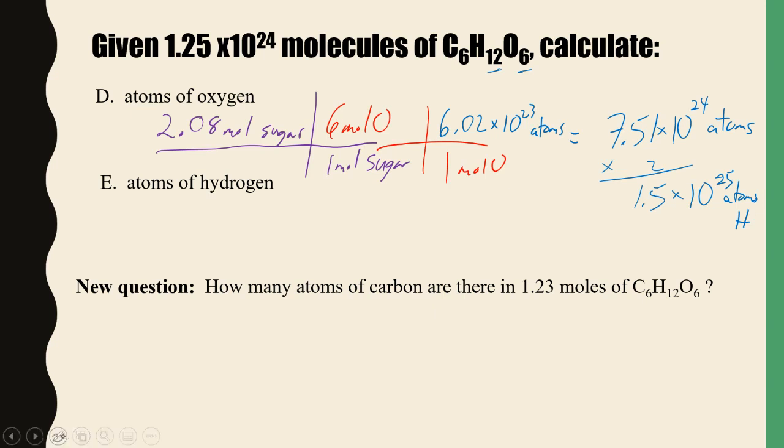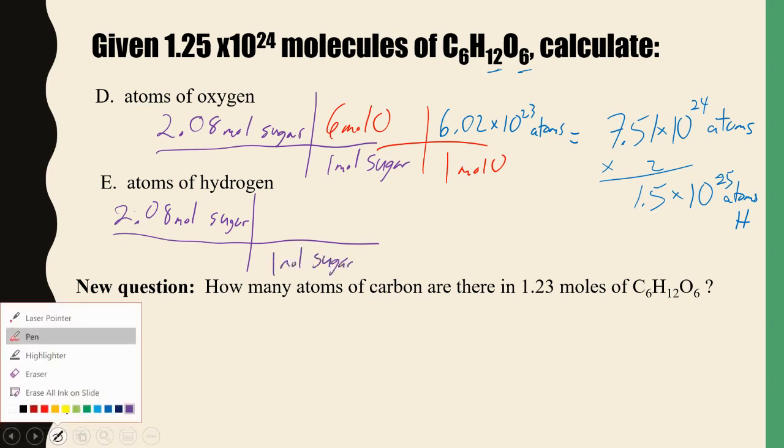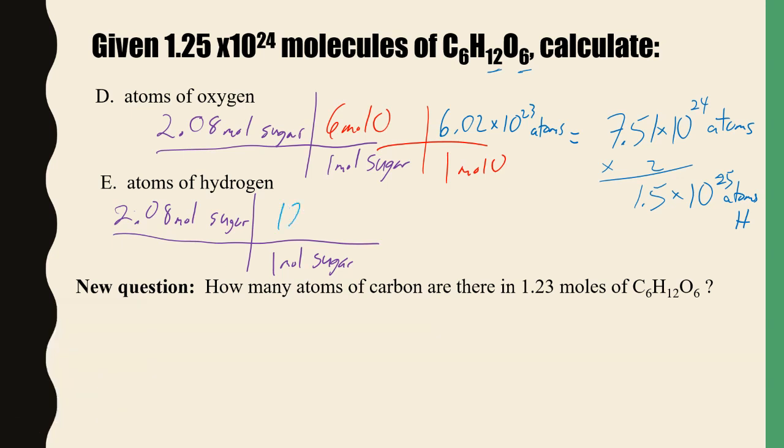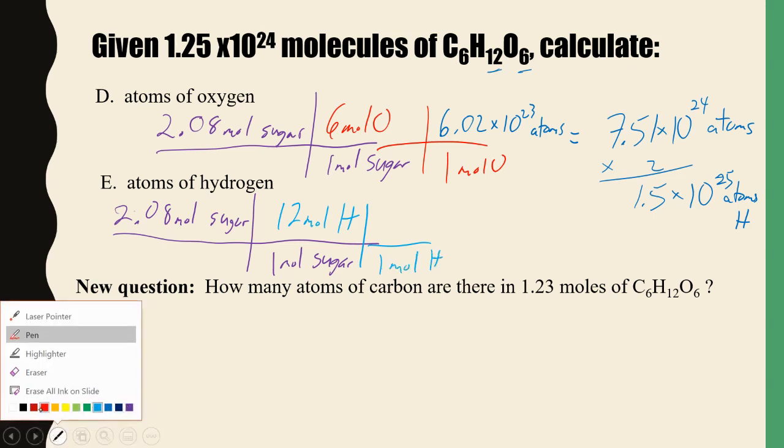Or you can do it the way we just did it above, where you start with your moles of sugar and then work your way: for every 1 mole of sugar, there are 12 moles of hydrogen. And then for every 1 mole of hydrogen, there's 6.02 times 10 to the 23rd atoms.